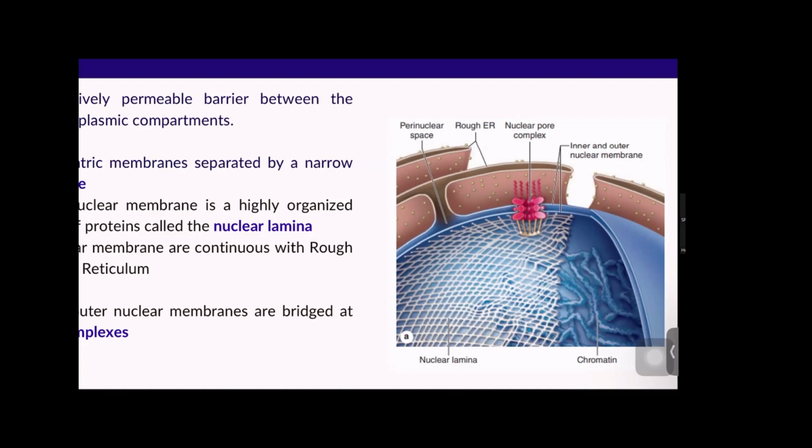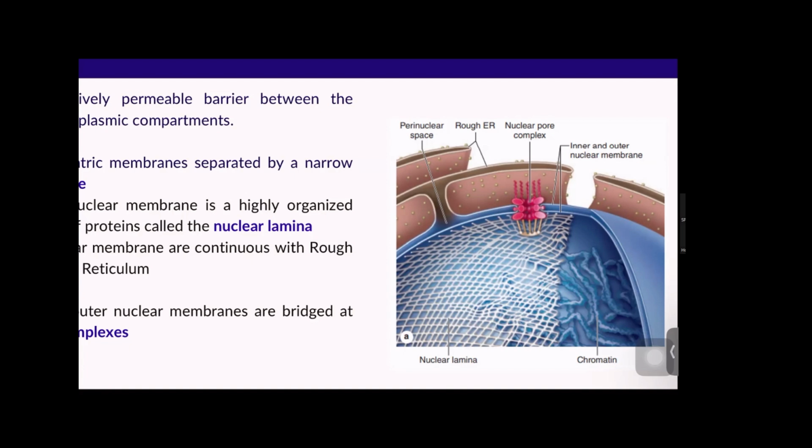I want you to note that this connection is very important because it allows for the direct exchange of materials between the nucleus and the cytoplasm. The ribosomes attached to the outer nuclear membrane, forming the rough ER, are involved in the synthesis of proteins, some of which may be involved in the nuclear functions.